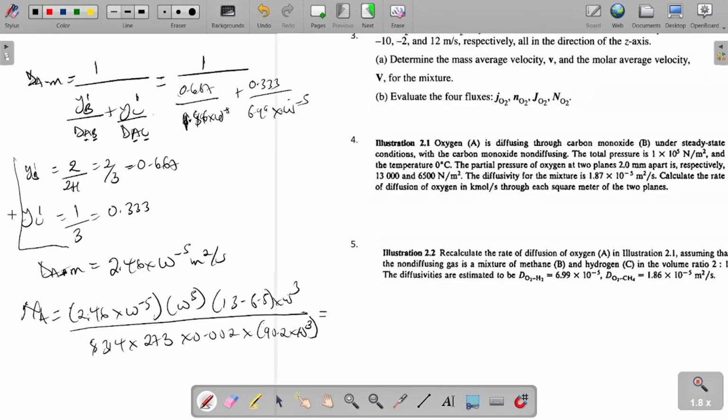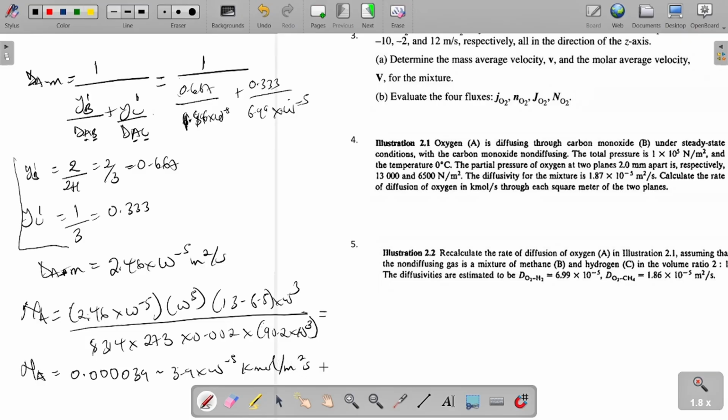Right, so that gives me an NA of 0.0000039, which is 3.9 times 10 to the power minus 5 kilomole per meter square second.